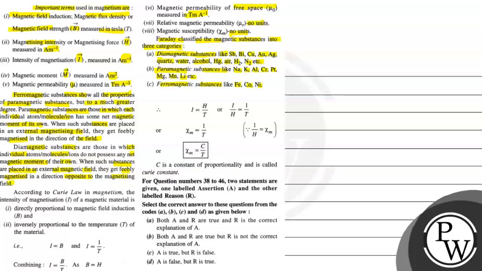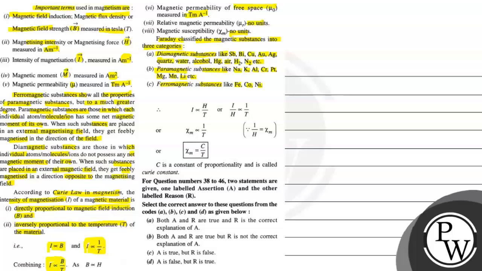According to Curie's law in magnetism, the intensity of magnetization I of a magnetic material is directly proportional to the magnetic field induction B and inversely proportional to the temperature T. So I is directly proportional to B and I is inversely proportional to the temperature T. So they just combine it.